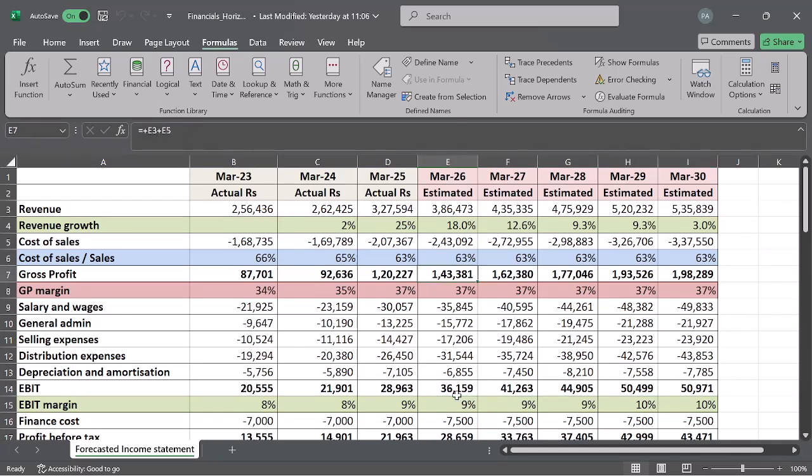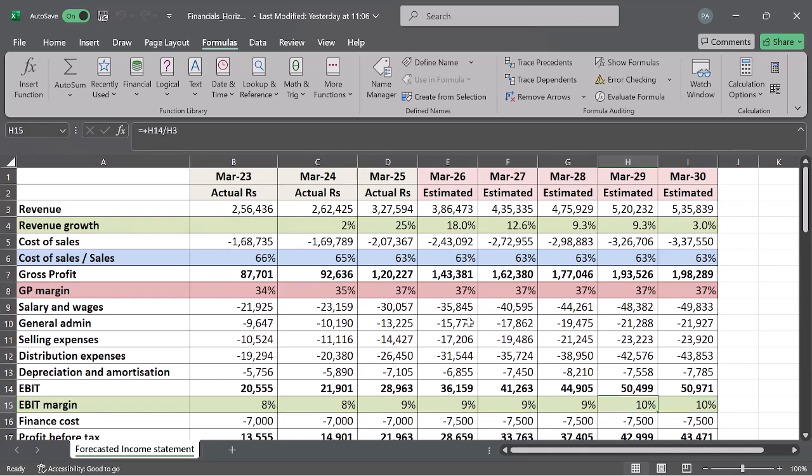Then we arrive at the operating profit of the company, which is basically the 1,43,000 minus all this. Sorry. If I say EBIT, then EBIT is also a number calculated on the basis of your gross profit minus all the expenses.